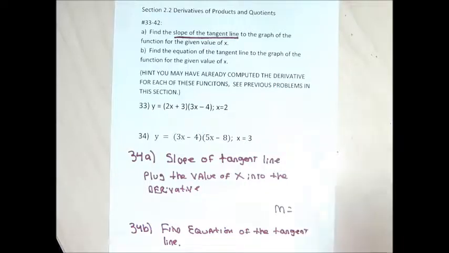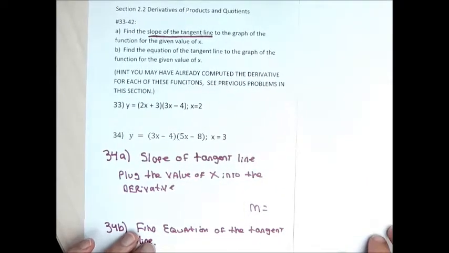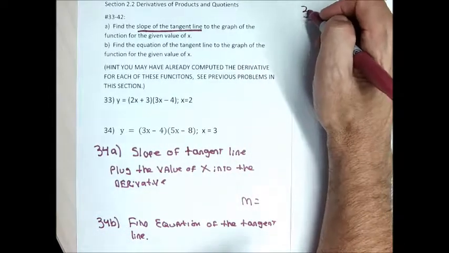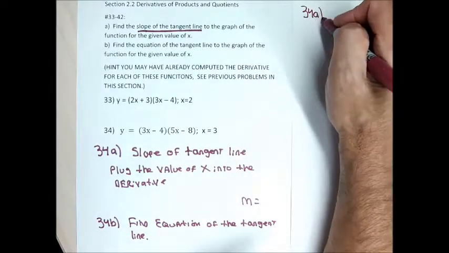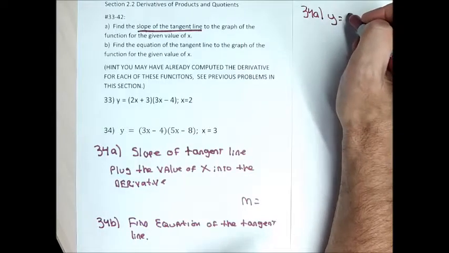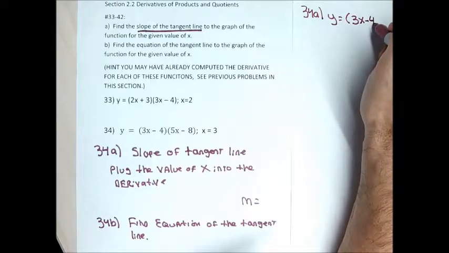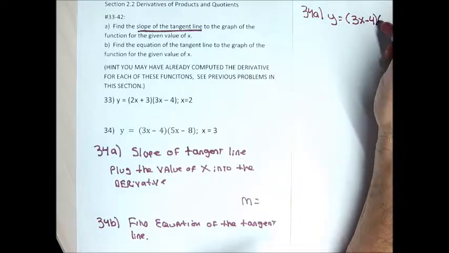So for problem 34A, it asks me to find the slope of a tangent line. And in order to find the slope of any tangent line, I need to know a derivative. So apparently I may have computed this derivative already, maybe it's like problem 2 in this section, but I'm going to keep practicing my derivatives.